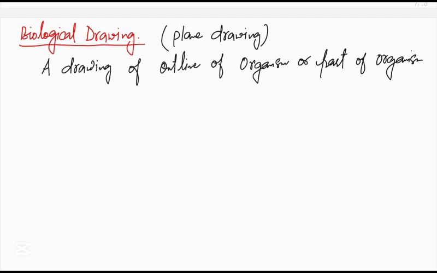They can ask you to draw a biological drawing of an insect, part of the insect, fruit, leaf, root, any part in our body like blood vessels, or even sometimes any tissues or leaf. That is called biological drawing.